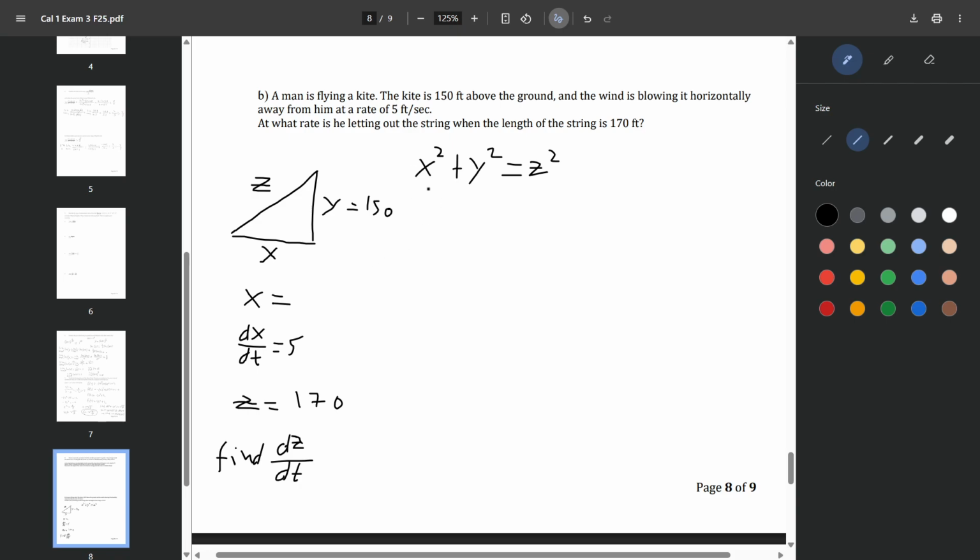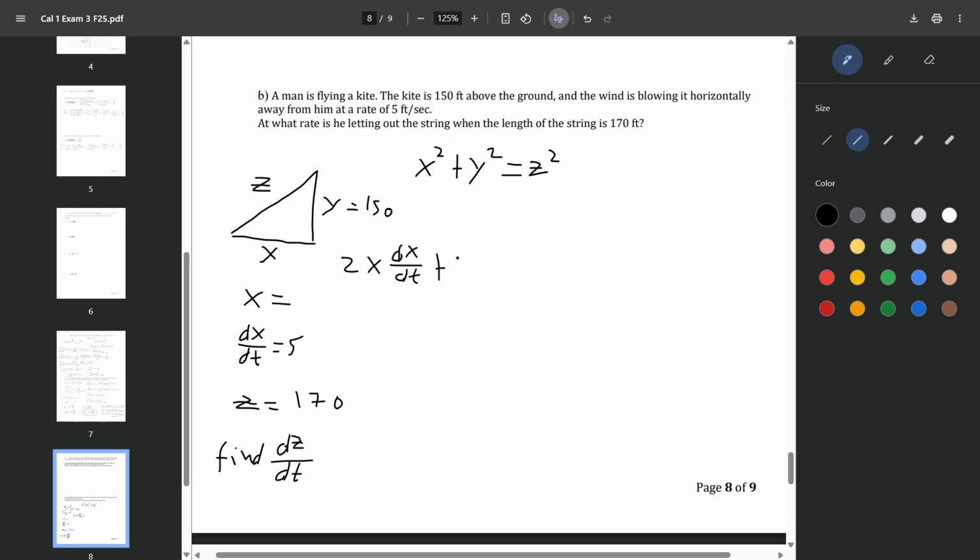Our derivative in this case is going to be 2x times dx dt. The reason is that we need to do the chain rule. So the chain rule of x squared is 2x times dx dt. It's not just 2x in this case because our variables are changing with respect to time, and so that is why we are doing dx over dt.